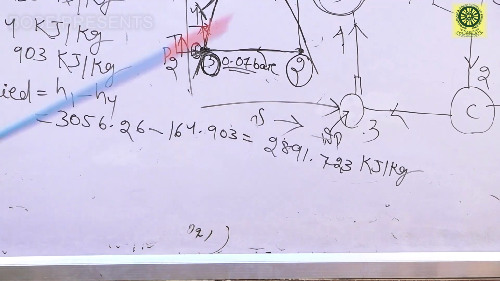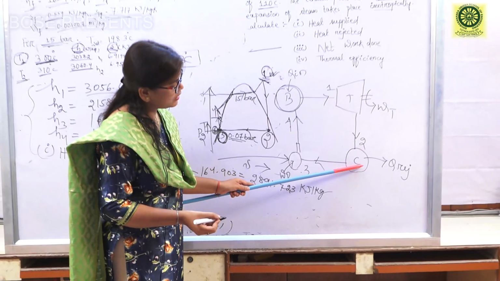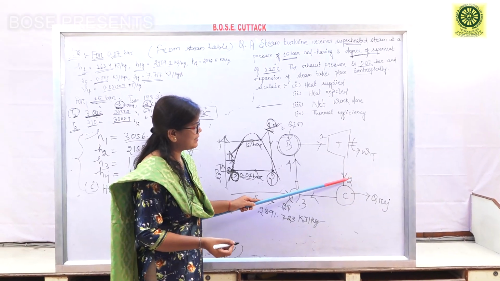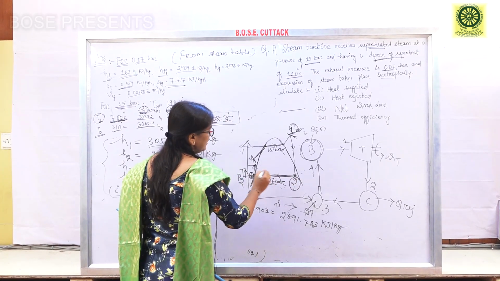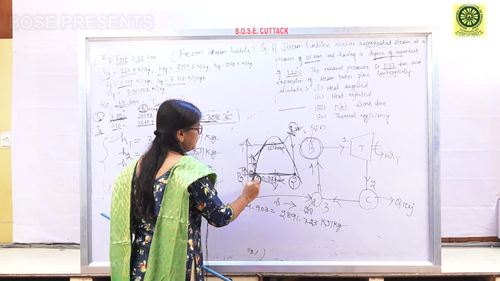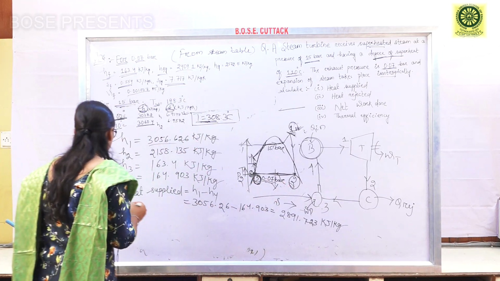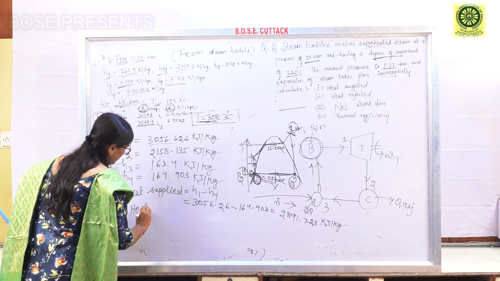Then heat rejected. This is your condenser, and in this condenser heat is rejected, between point 2 to 3. So how much heat will be rejected?